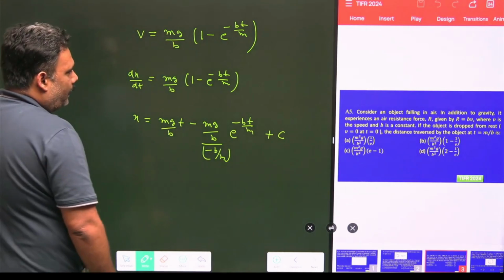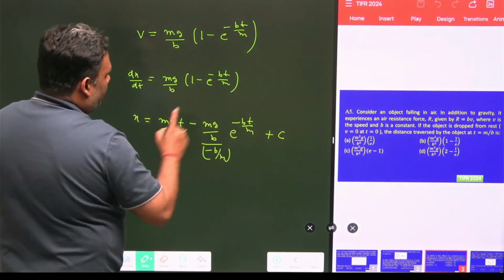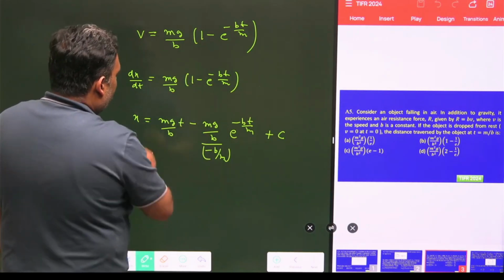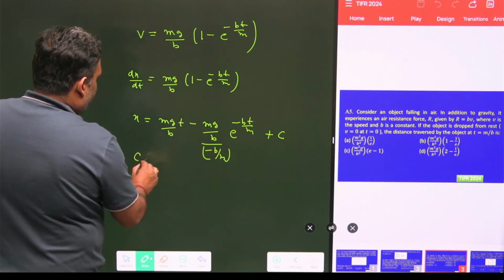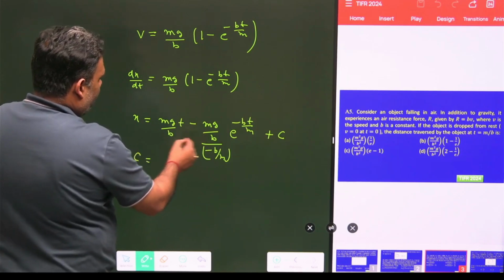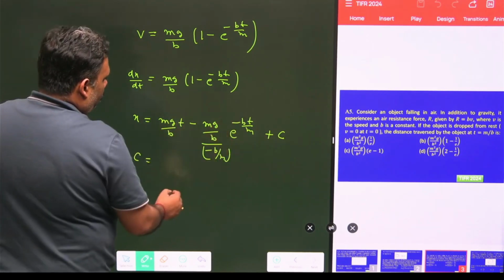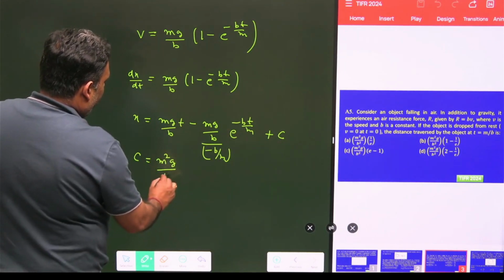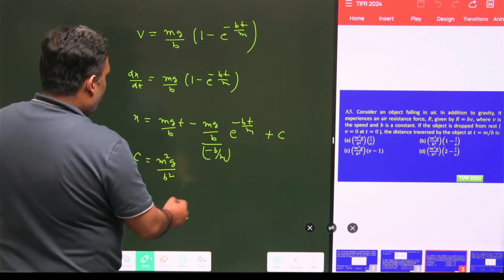At t is equal to 0, x is 0 because we have the reference at the origin. So this term will be 1, and we have c basically equal to m square g upon b square. So this is your value of c.